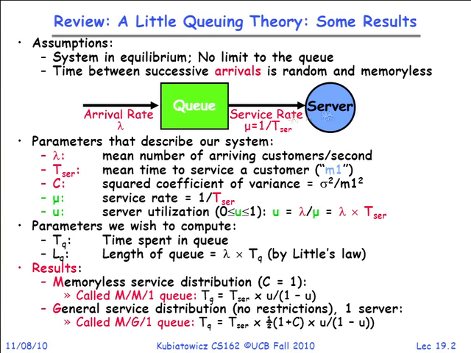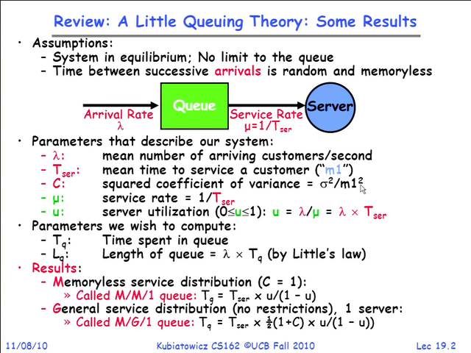The server has the other two parameters: the average time to do service, t ser, and c, which is about how much standard deviation there is about the mean, where c is sigma squared over m1 squared. So this is the standard deviation squared, otherwise known as the variance, divided by the mean squared.